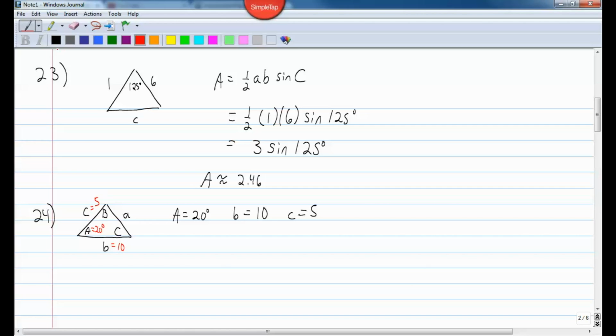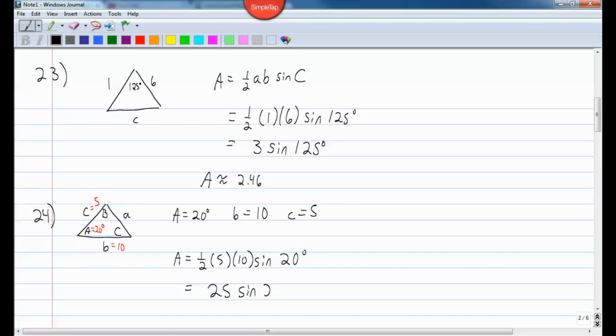Alright, so I'm given that A equals 20 degrees, side b equals 10, and side c equals 5. So I have an angle measure and I have the length of the two sides that make up that angle measure. So I want to use the same formula that I used in the previous problem. Area equals 1/2 times the two sides, so times 5 times 10, times the sine of the included angle measure, which is 20 degrees. 1/2 times 5 times 10, that's 50 divided by 2, or 25.